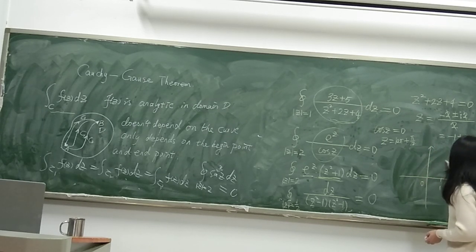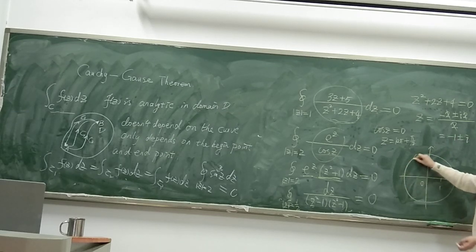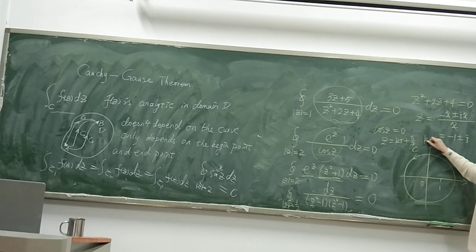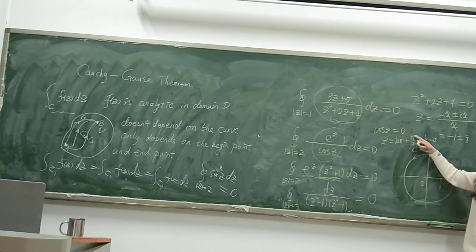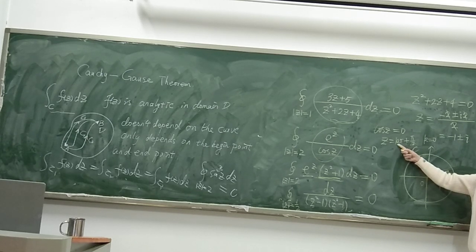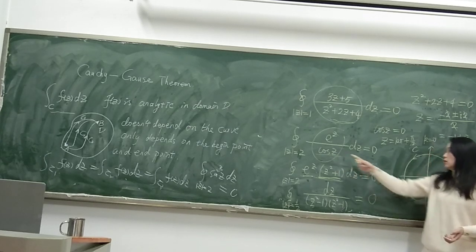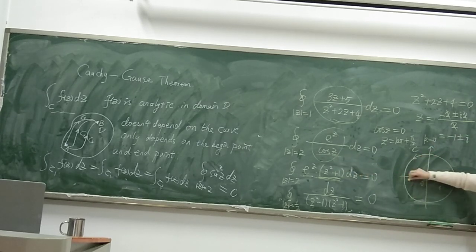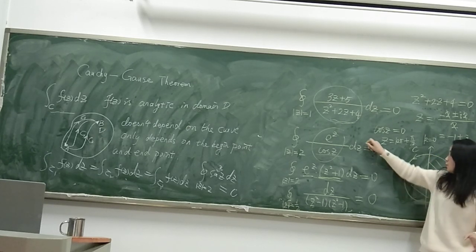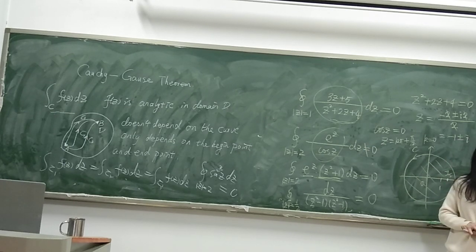This is 1, this is 2. This is C. So when k equals 0, pi over 2 is here. So this point is inside. So this function is not analytic on C and inside. If it's not analytic, this integral may not be 0.